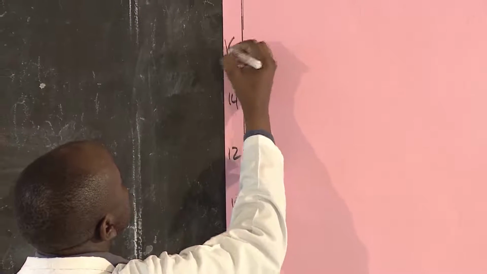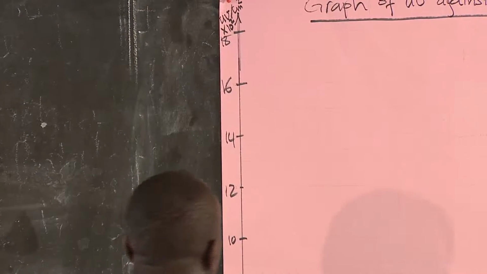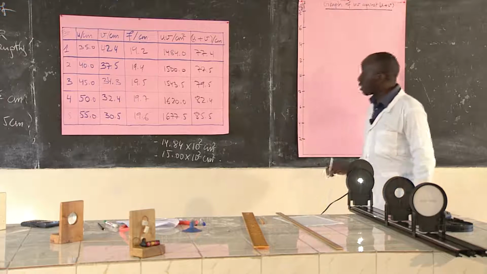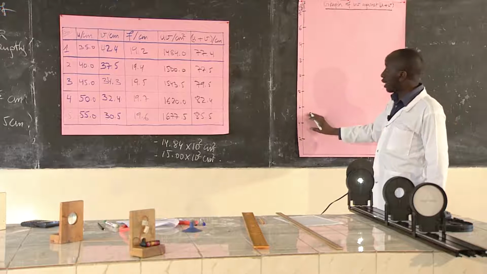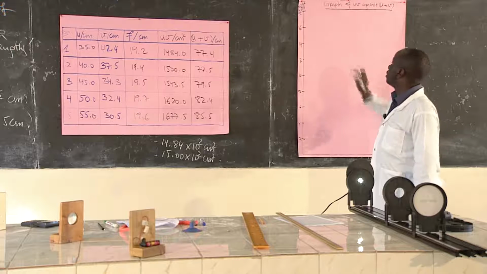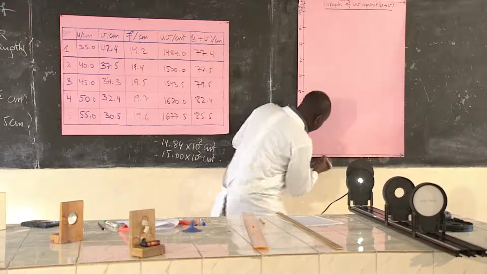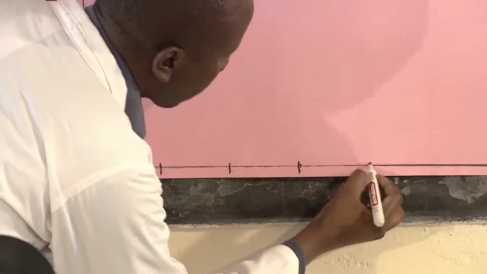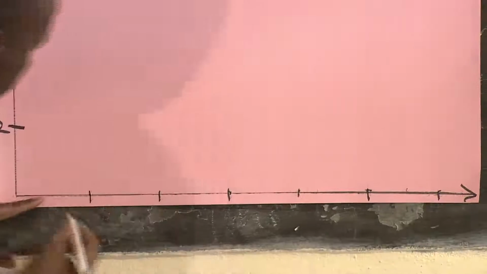Here is 16, and then this is 18. So 18 that I have, then I will know where 16 is, 14 where it is here already.